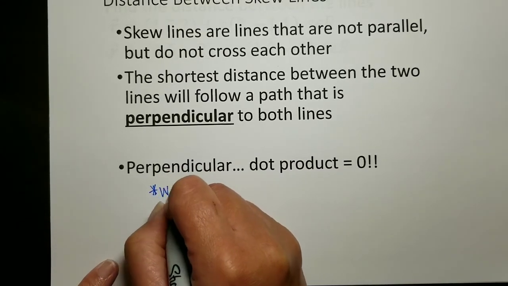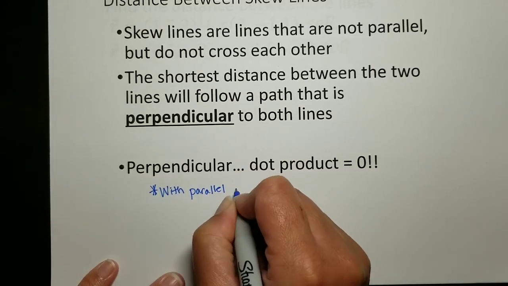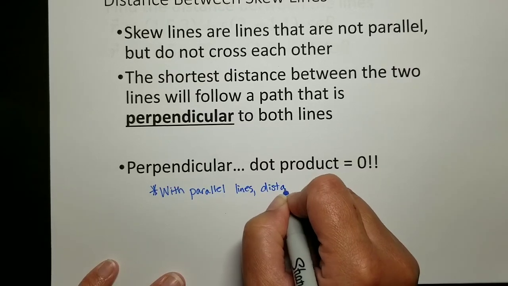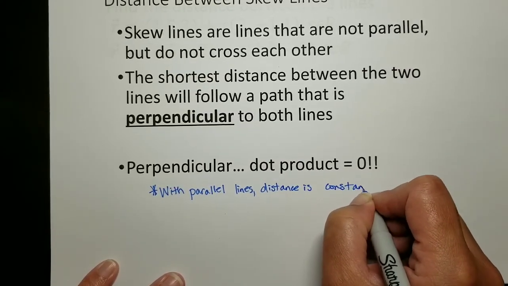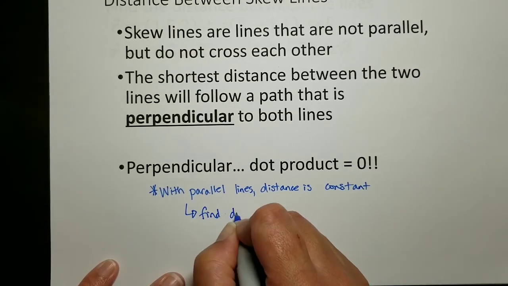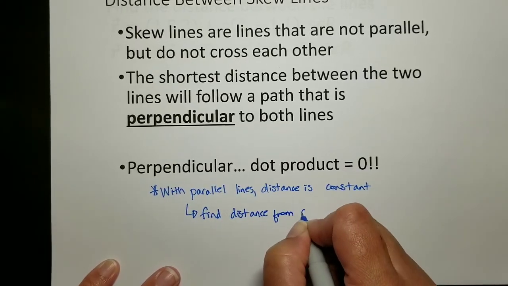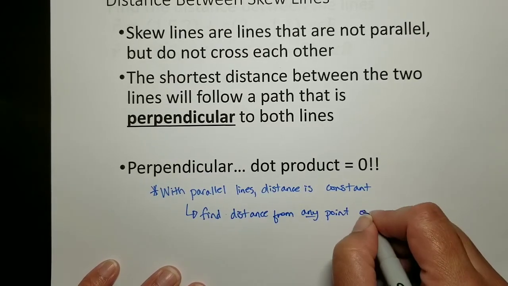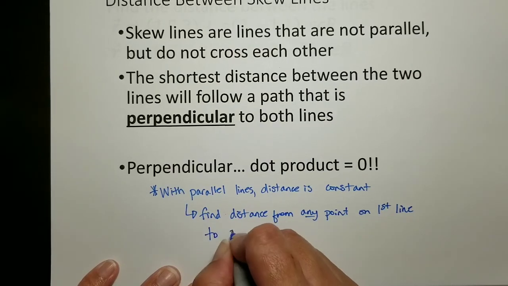So with parallel lines, the distance is constant, you can find distance from any point on the first line to the second line.